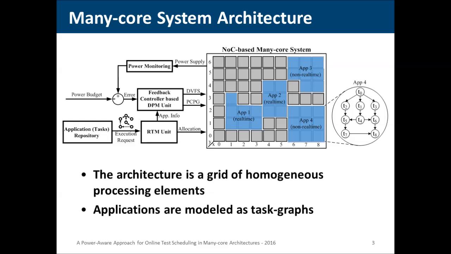As shown in this figure, the target architecture is a grid of homogeneous processing cores. This system is used to run highly parallel data-intensive applications, generally modeled in terms of task graphs.